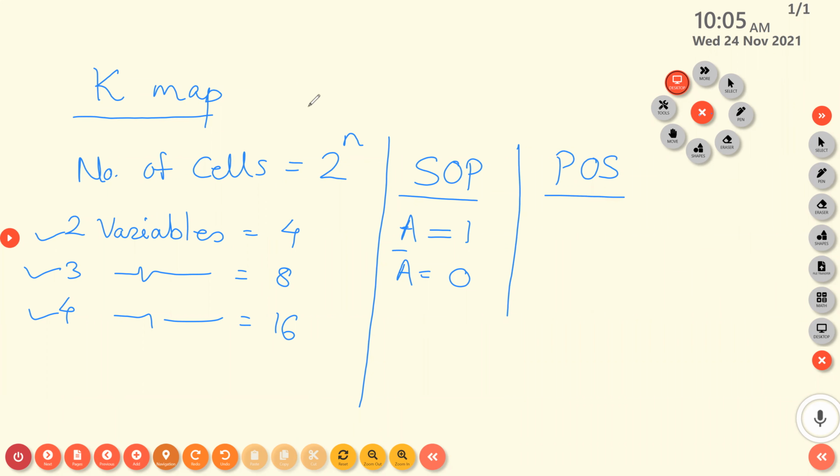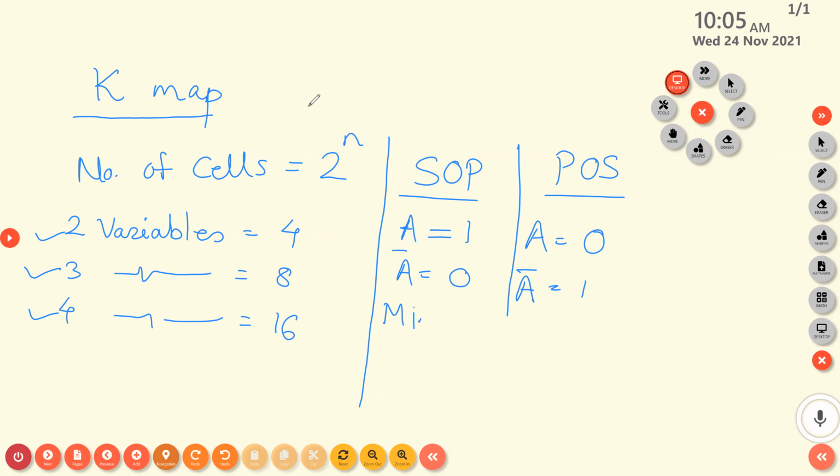Whereas the second form is POS. What do you mean by POS? Product of sums. First you have to take the sum, then you have to take the product. Now normal value is assigned as 0. Its complement 1. Now under SOP, each individual term is called a min term or max term?